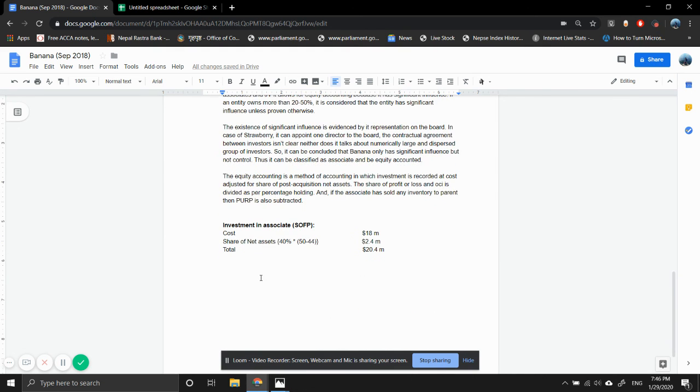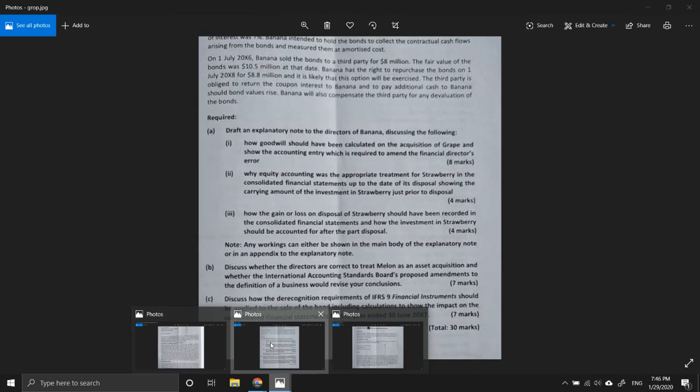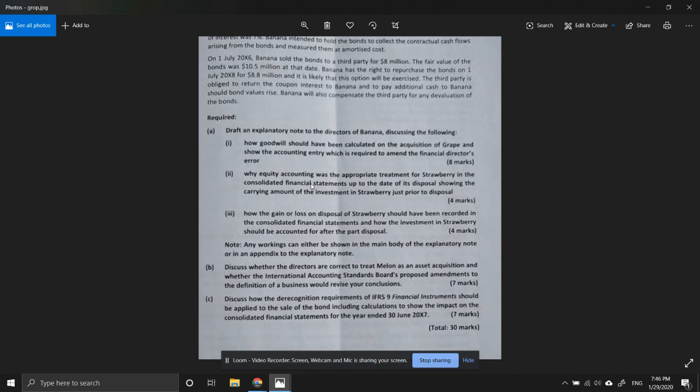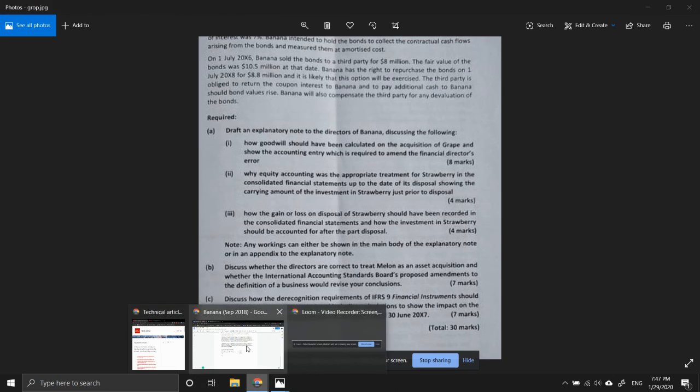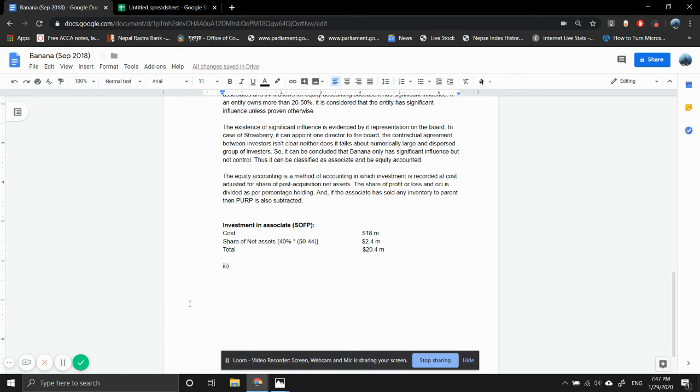Okay, and then we will do the third part. Did we miss anything? Let's see again. Equity accounting method and then show the carrying amount as well. So 4 marks has been done, so no need to write more than this. So question 3, it's been a bit long, so this will be part A and the next part will be in the other part. Okay, so that's it.